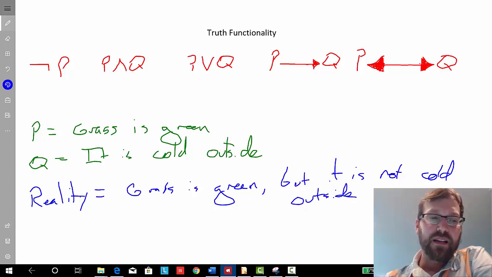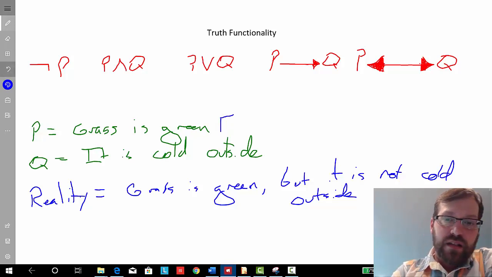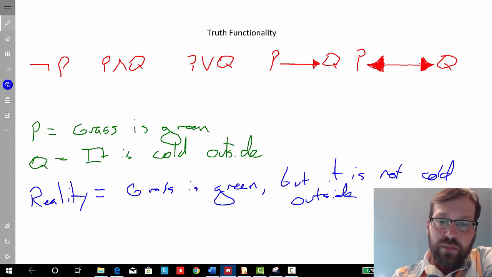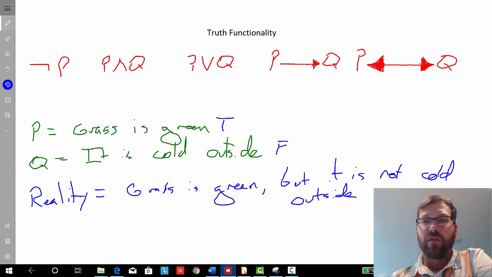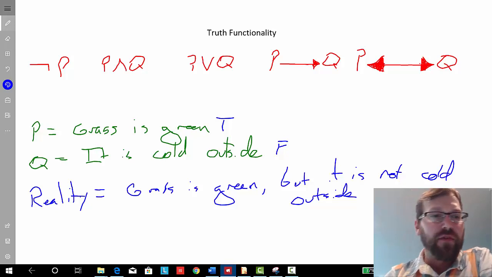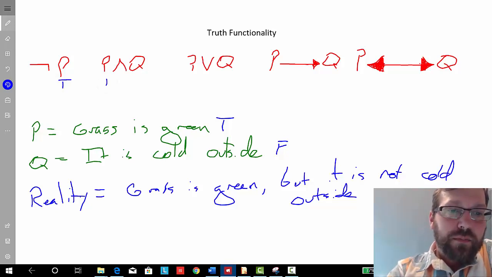So what that's going to mean then is that based on reality, P is true, whereas Q is false. So let's fill that in for all of the sentences that we have here in red. Our P's are true, our Q's are false.